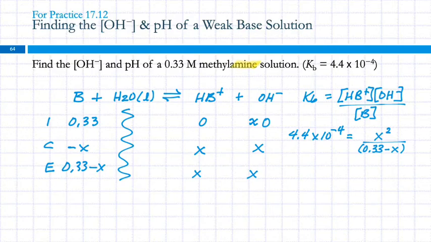So we can use the solver, or we can try the x is small approximation. I just did x is small and came up with x is equal to 0.0120.